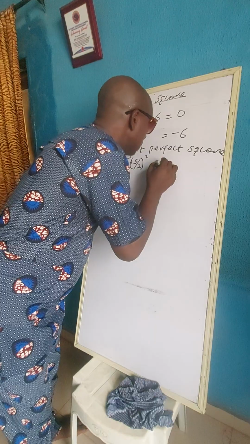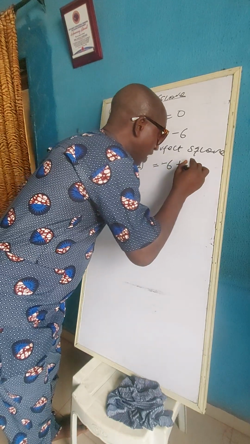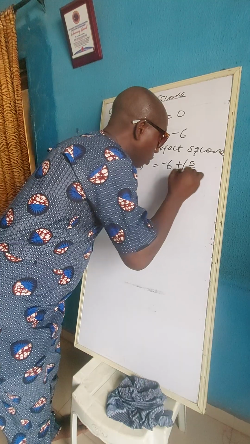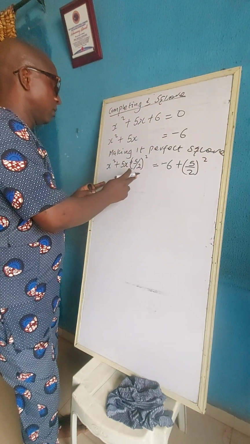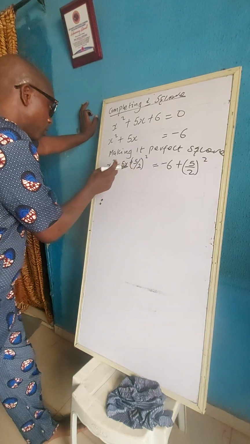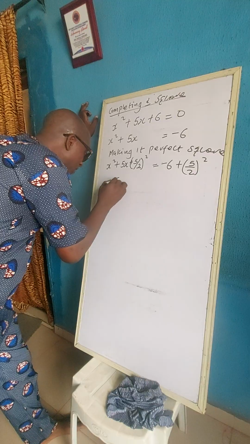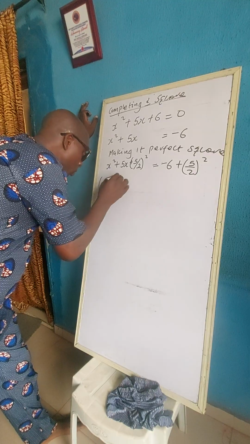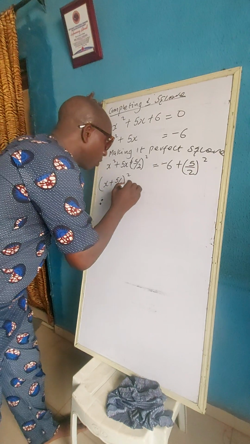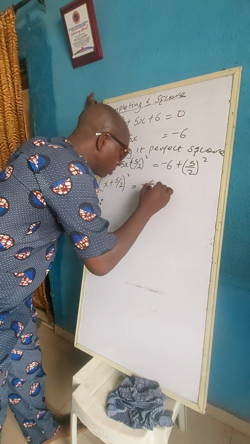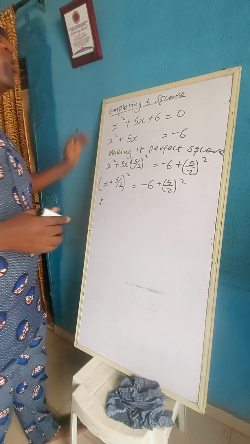Minus 6 plus 5 over 2 all squared. We have inscribed this. Then when you put it together, it becomes x plus 5 over 2 all squared. When you expand this, you get this equal to minus 6 plus 5 over 2 all squared. That's what it means.